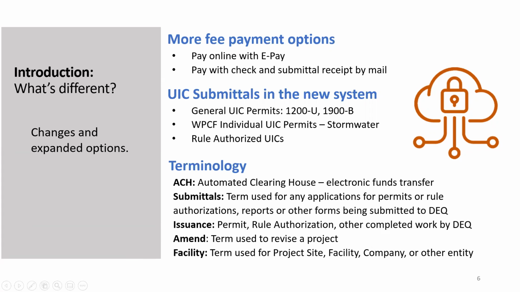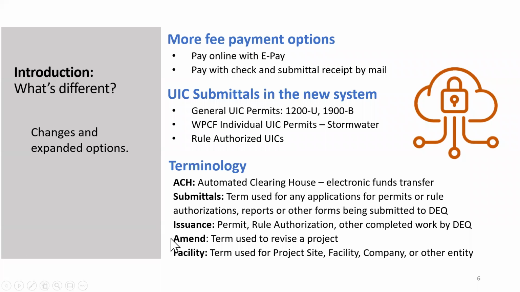And then facility. Now with UIC, I'm not sure because every program's a little bit different. Some like to use project site, some like to use facility, some typically use company or other entity. There are so many ways to call where the place is, where the action is happening, or where the home facility is, or what have you.